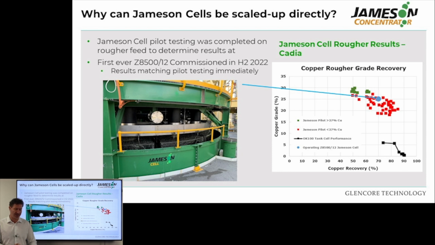You can see the red dots and the green dots. Now, the client was happy with the results, and they installed a Z8500 12 downcomer unit, which was commissioned in 2022 on site. And the site performance was basically, again, matching what we achieved with the L500 pilot Jameson cell.